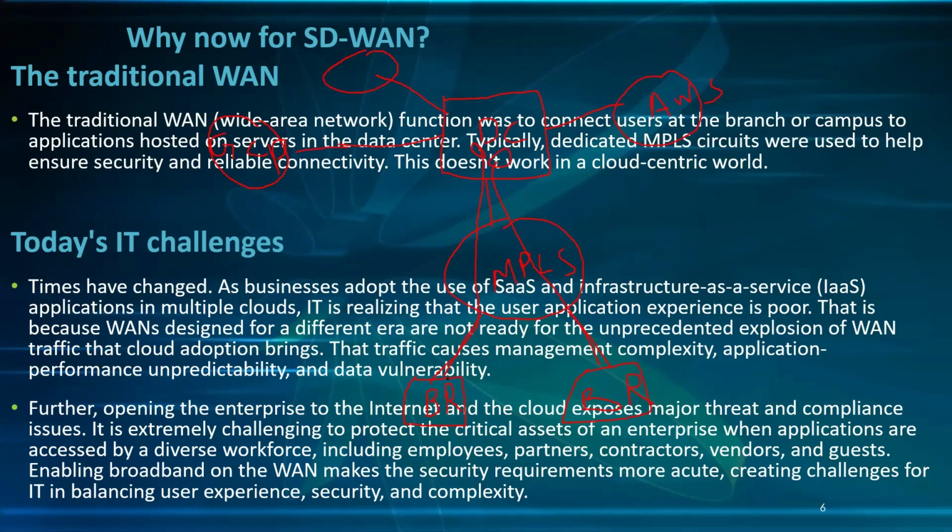So what is going to happen? Your traffic from here goes to AWS and returns back, or if this is trying to access GCP, it goes to GCP and returns back, and so on.